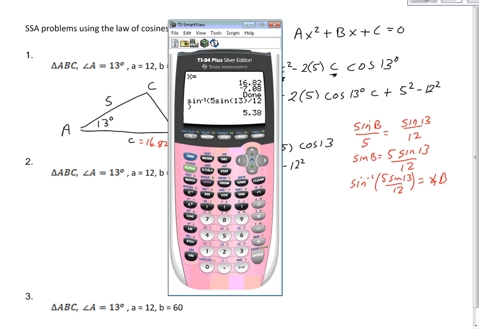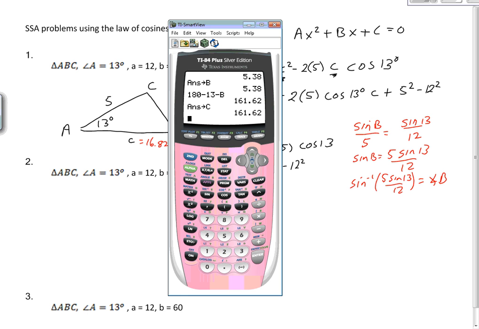And I'm going to store that in alpha B. And then I'm going to find angle C by subtraction. 180 minus 13 minus alpha B is 161.62 degrees. I'm going to store that in alpha C. Okay, now I have this triangle completely solved.